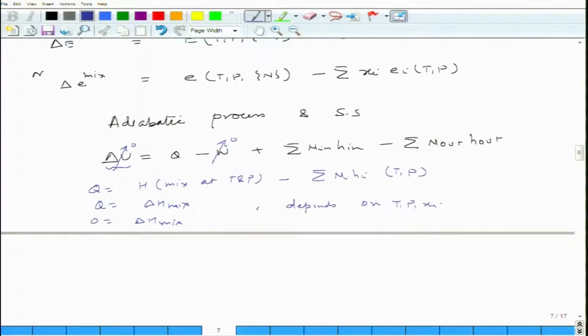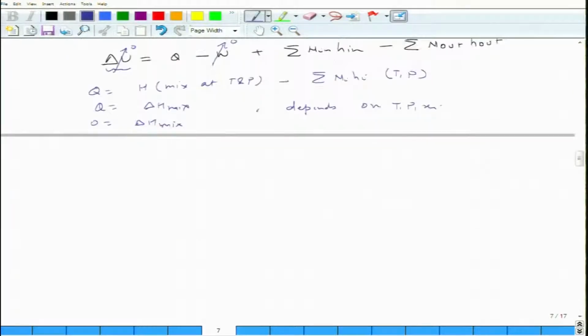So, let us try to understand it a little bit with an example. I will go through an example for the same system, an adiabatic process, and ask questions related to the temperature. But before that, let me give you a typical delta H mix for a binary system. It is not monotonous, it is quite complex, and it depends, as I said, on temperature, pressure and composition.